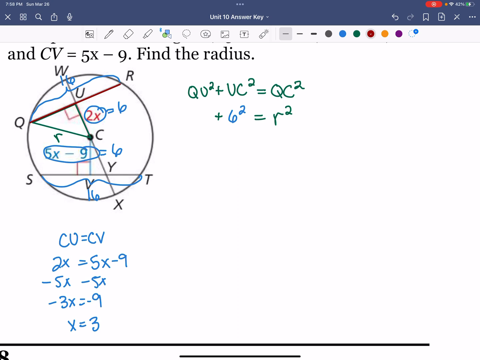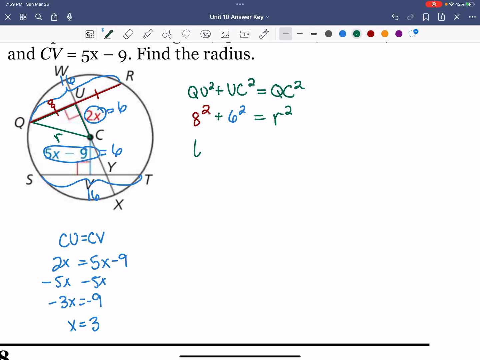But what I can infer is that my diameter WX is perpendicular to QR. Since it's perpendicular to QR, it now becomes a perpendicular bisector of that chord. So I know that QU is going to be half of 16, which is 8. So this gives me 8 squared.